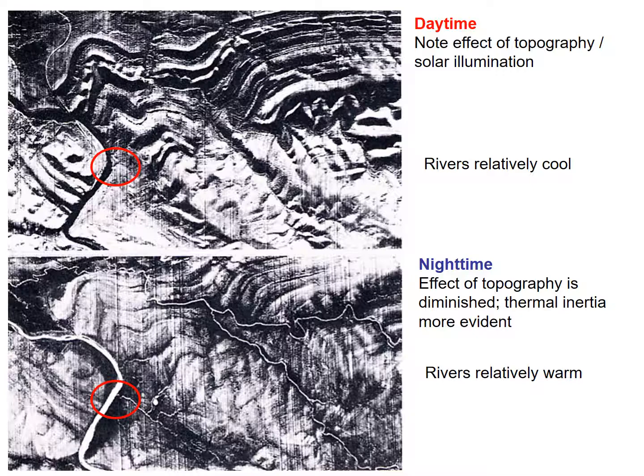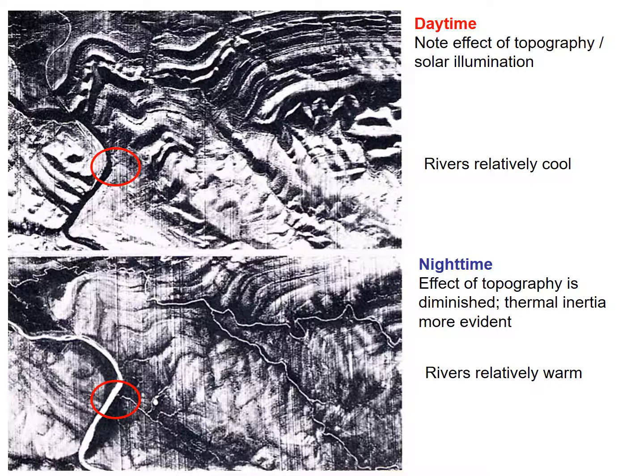Two photos, same place, different times of the day, looking at their thermal response. In the daytime, look at the topography and see how it affects the illumination from the sun. And look at the river. The river ends up as being blacker, showing up as to be relatively cool during the day compared to the rest of the environment.